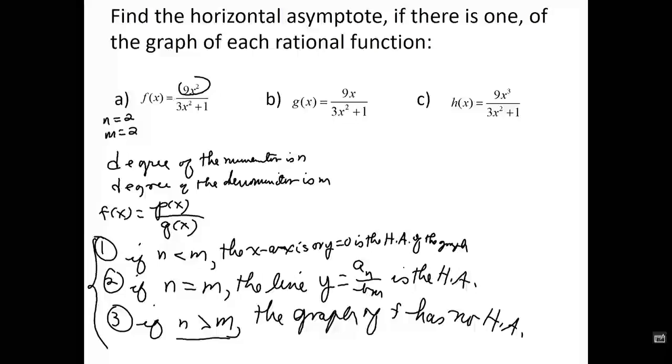So n is equal to m. So we conclude that the line y is equal to the leading coefficient in the numerator, 9, divided by the leading coefficient in the denominator, which is 3. So the line y is equal to 3 is the horizontal asymptote.